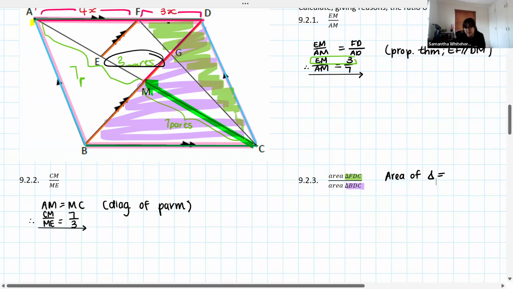Nice. Owami's on it. Does anyone know another way? So Owami said half base times height, which is awesome. That is the one we're going to use. But how else could you work out the area of a triangle? Let's see who remembers.